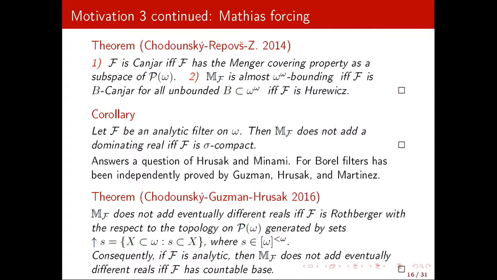So the only way the Mathias forcing for Borel filters cannot add eventually different reals is by being forcing equivalent to the Cohen forcing. And using our previous result, it was possible to extend this to analytic filters. And as you know from the talk of Andrea Medini, it's not always easy to prove for analytic sets what you know is true for Borel.